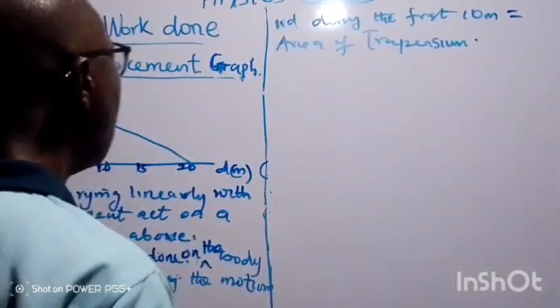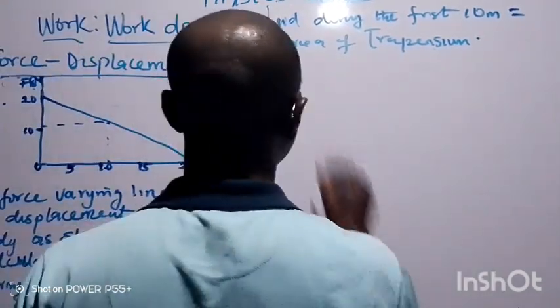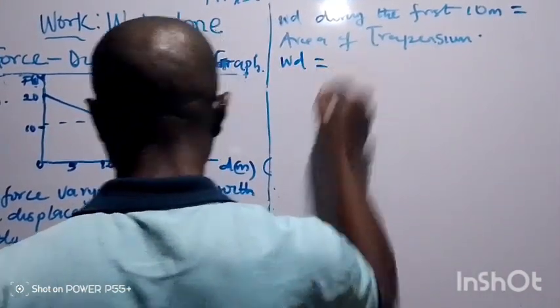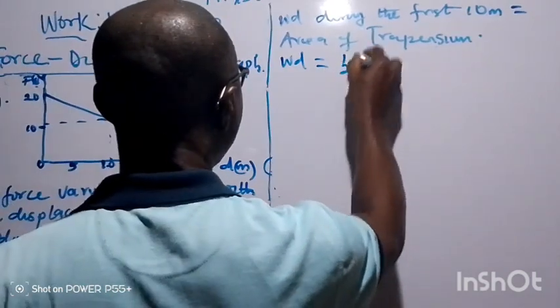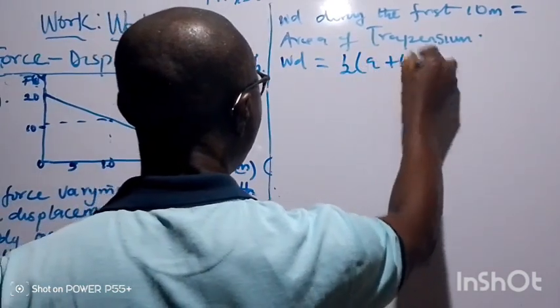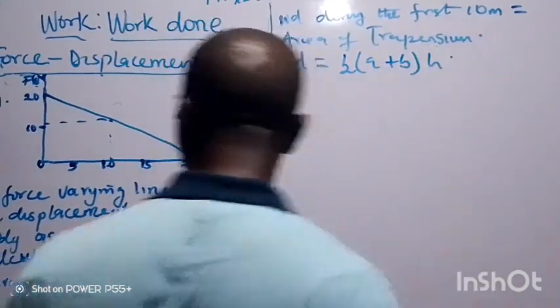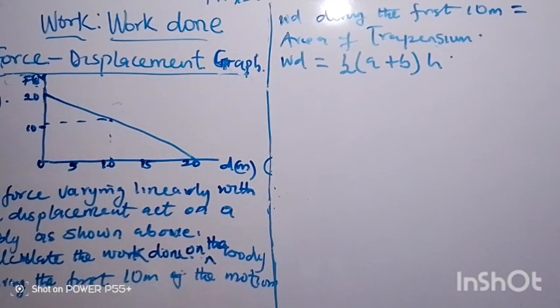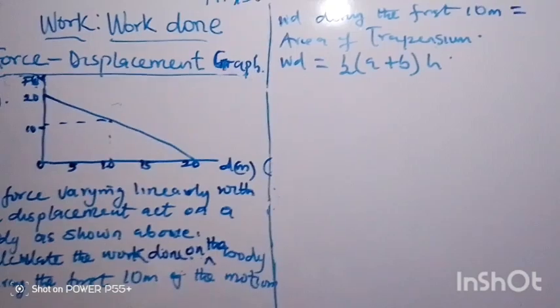And the area of a trapezium in mathematics is half into A plus B, bracket H. Now it is left for us to identify our A, B and H in this diagram.